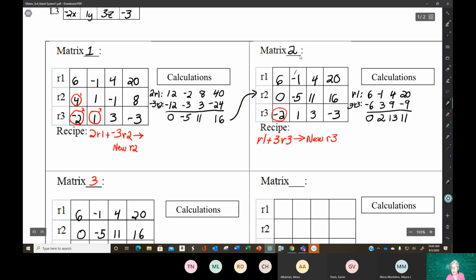Now, after doing that, I had matrix 2. Now my goal in matrix 2 is to add row 1 and row 3 together in such a way that I will get a 0 in this position. So knowing that 2 goes into 6 3 times, what I did was I left row 1 the way it was, and I multiplied row 3 by 3, so that 3 times -2 would equal -6.